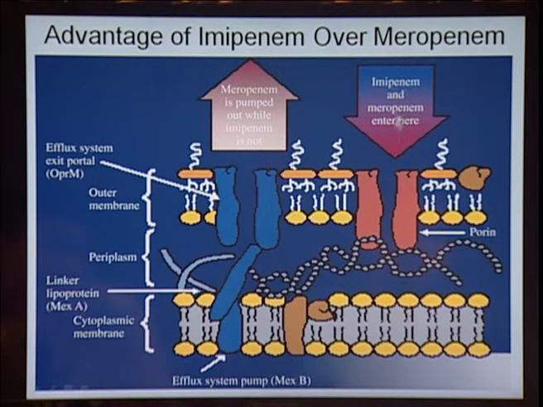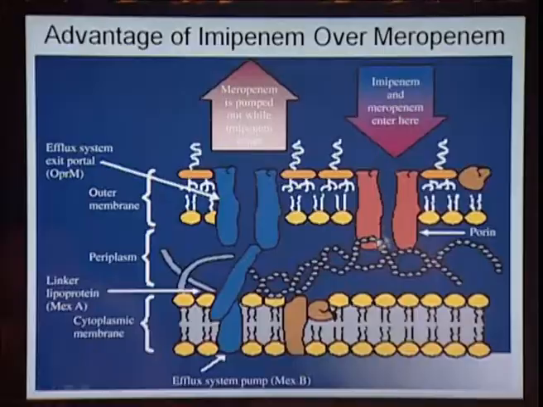Imipenem and meropenem are provided to this particular cell wall. Now, if it is a 2-layered gram-negative bacteria, then there will be a first level entry and then a second level entry. This entry is successfully made by imipenem, but not by meropenem.